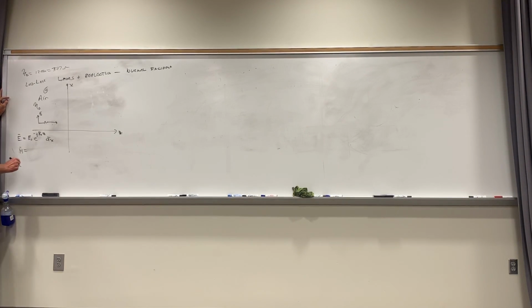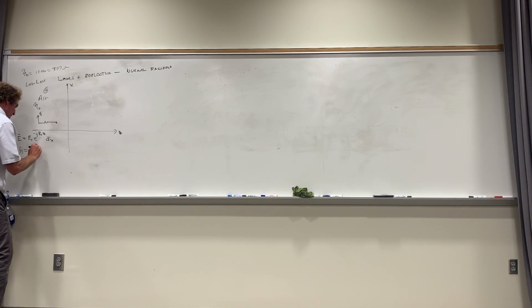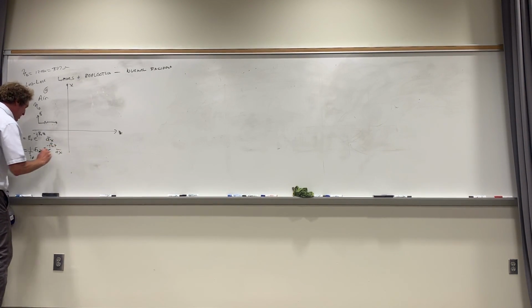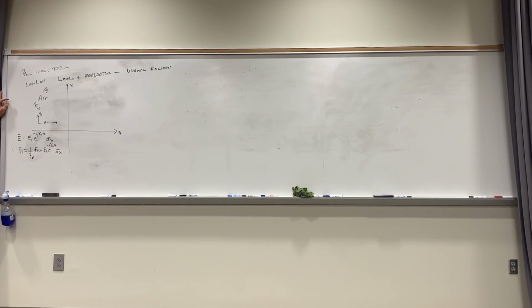Formally, it's 1 over the eta of the region, which is eta naught, times the unit vector in the direction of propagation, which is a_z, crossed into the E field, which would be E naught e to the minus j beta naught z a_x. Do you all agree with me? That's simply 1 over eta, the unit vector in the direction of propagation crossed into the electric field vector, correct, class? By definition.